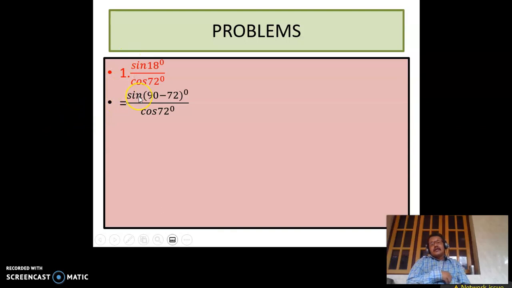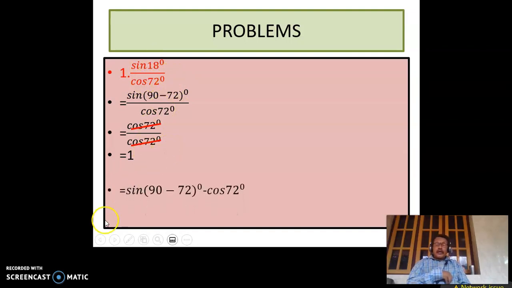Now I am converting this sin in terms of cos: sin 18 is sin 90 minus 72, which is cos 72. Cos 72 by cos 72 equals 1. Or if you convert cos 72, you get cos 90 minus 18, which is sin 18, and sin 18 by sin 18 equals 1.